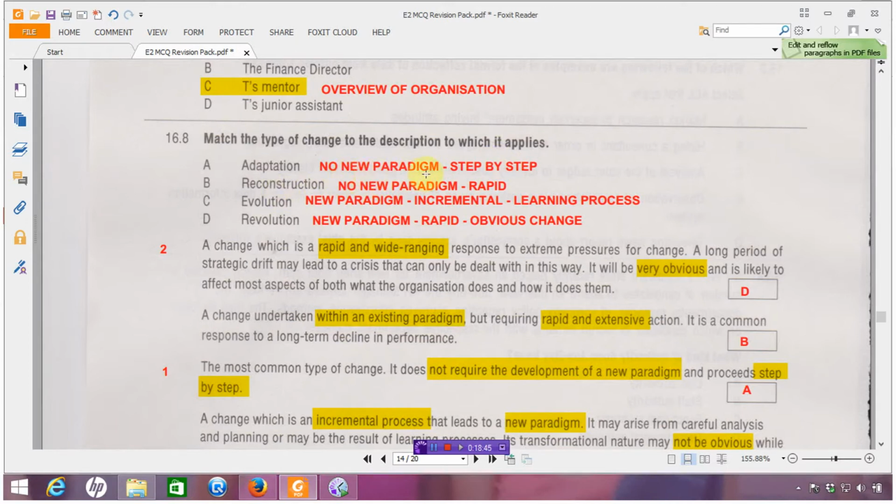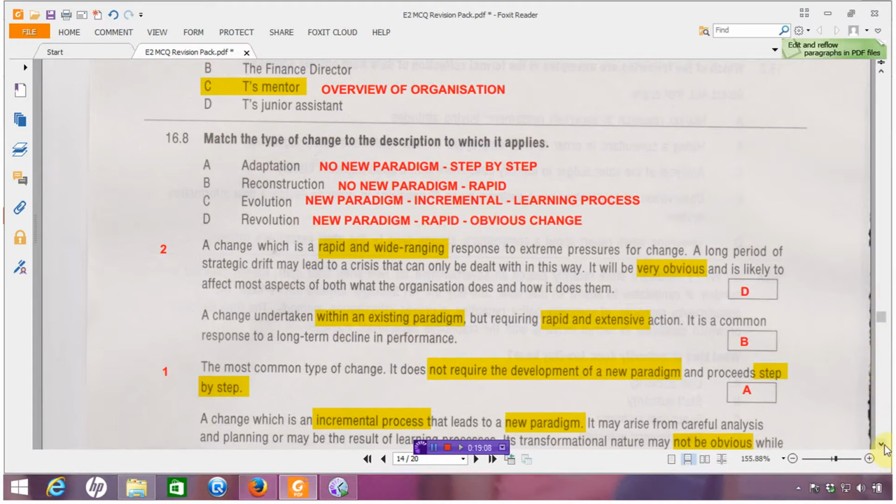Reconstruction: again, no new paradigm, but it's rapid. It's very, very quick. Evolution: we do have a new paradigm, incremental, probably part of a learning process. And revolution may be as easy as adaptation to pick out because it's so severe: it's a new paradigm, it's rapid, and it may be very, very obvious.